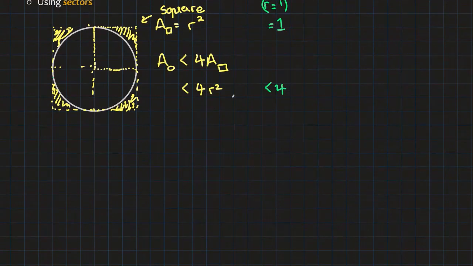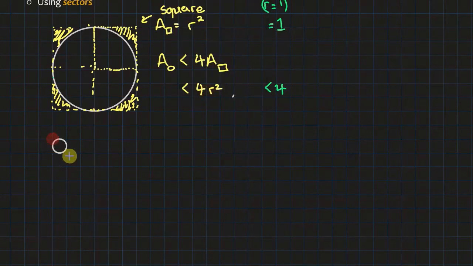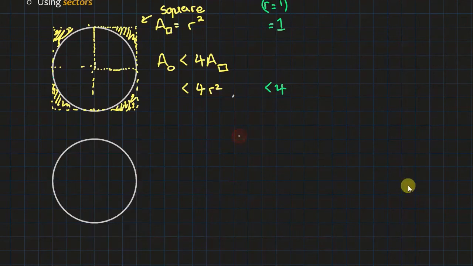Now I can do a copy of that circle and do something similar. Let's go again. Let's draw a circle, preferably the same size. There we go. And we're going to draw another square in it. And this square we're going to do in a funny way. This square starts with the same 2 arms to start with.